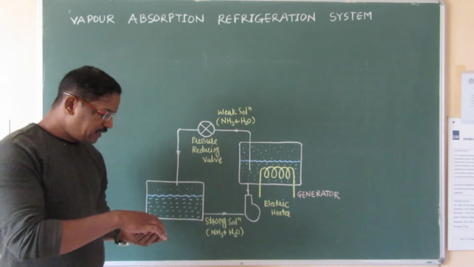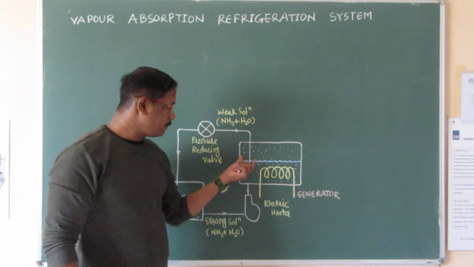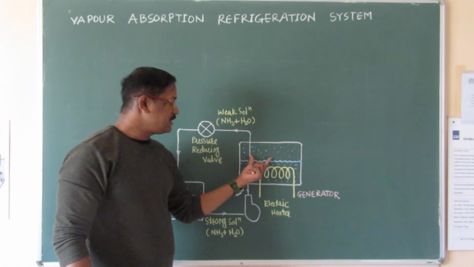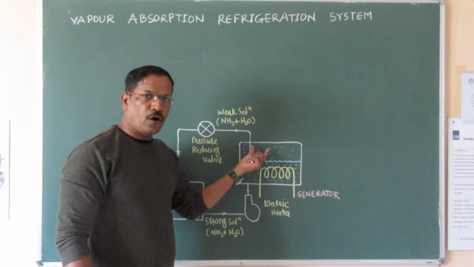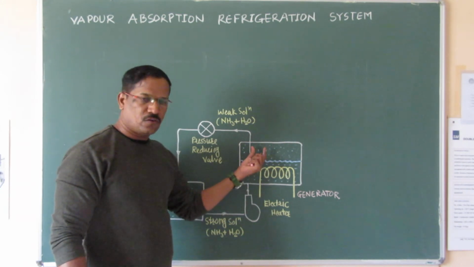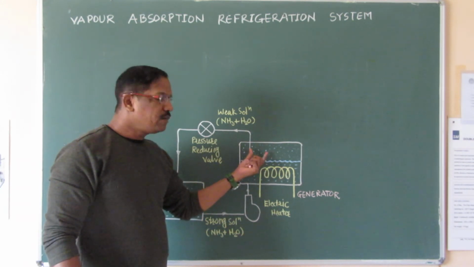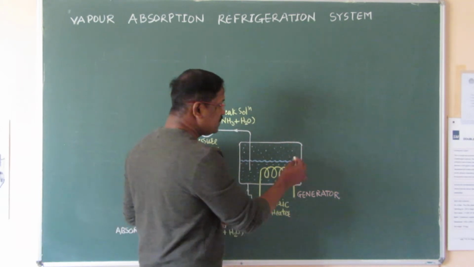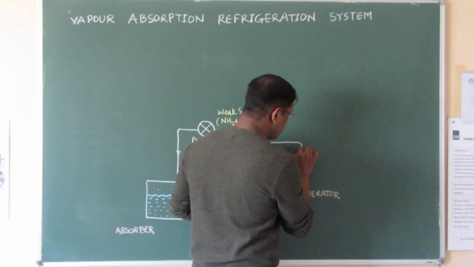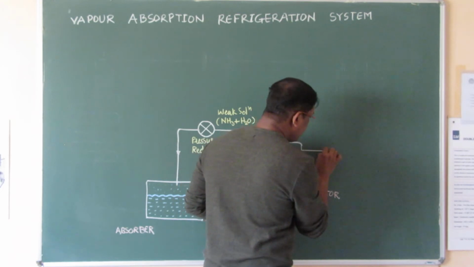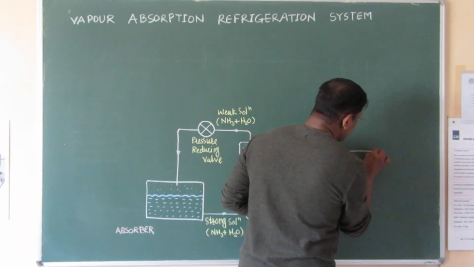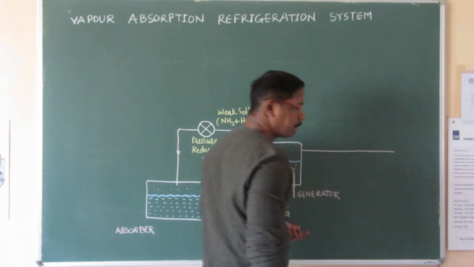Now from the generator, whatever vapors form at high pressure, obviously high temperature, in vapor form, these ammonia vapors as a refrigerant are supplied to the condenser unit.